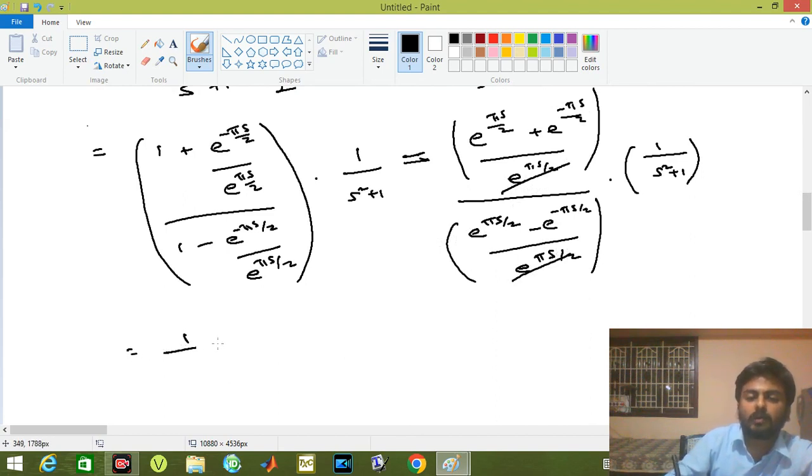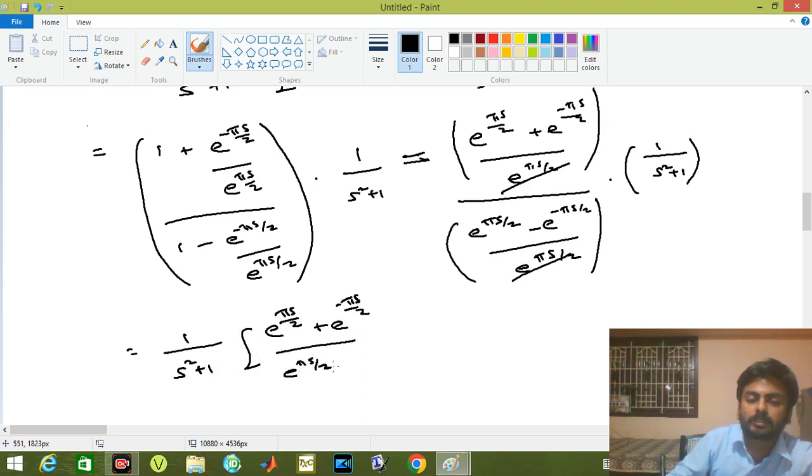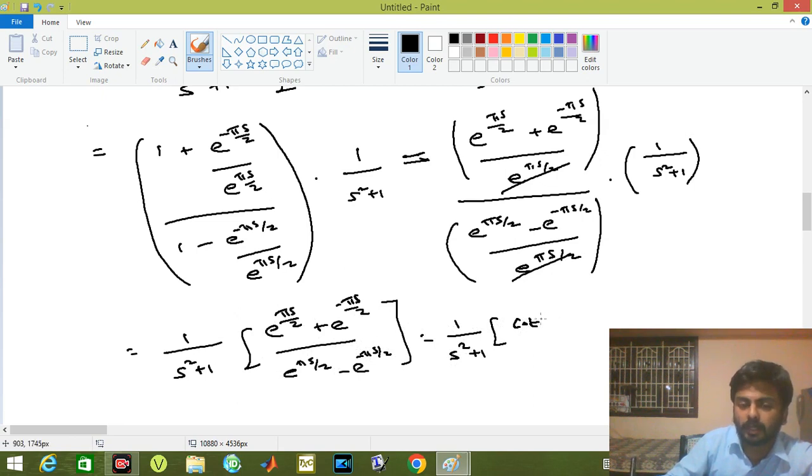So finally we will have 1 by s square plus 1 into e power of pi s by 2 plus e power of minus pi s by 2 divided by e power of pi s by 2 minus e power of minus pi s by 2, that is equal to 1 by s square plus 1, and the expression can be equated to coth of pi s by 2.